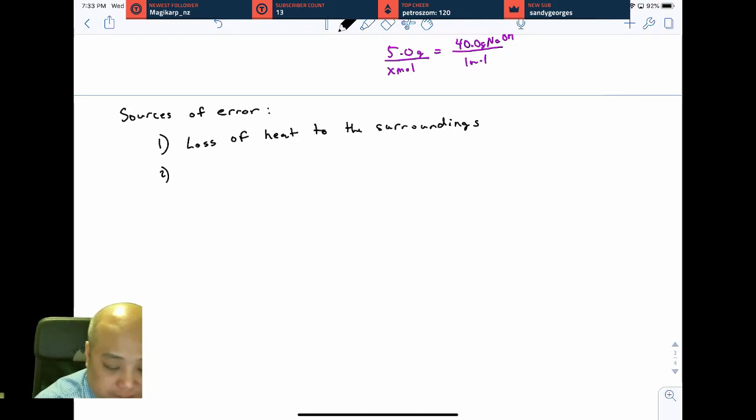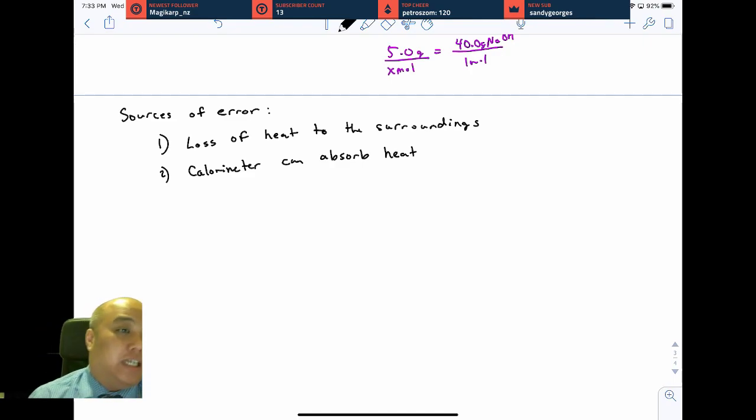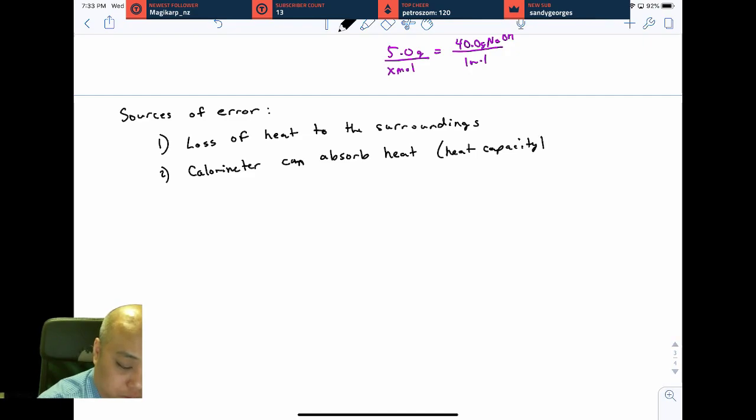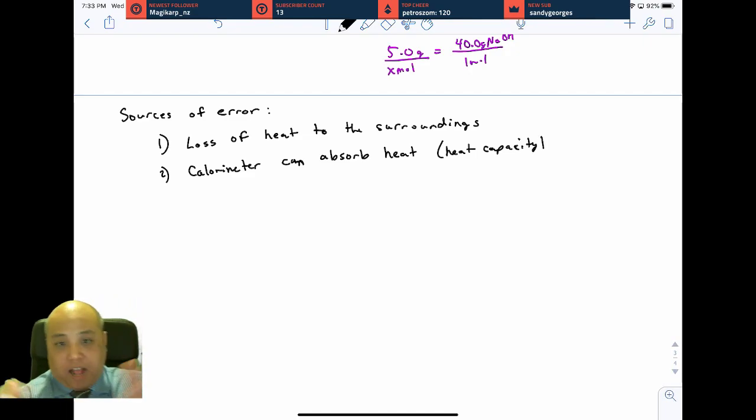Now, the other thing is, like I said before, the calorimeter can absorb heat as well. And so factoring that in is really important when you're doing more precise labs. You're going to want to find the heat capacity of the calorimeter.